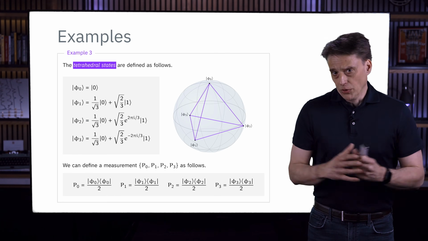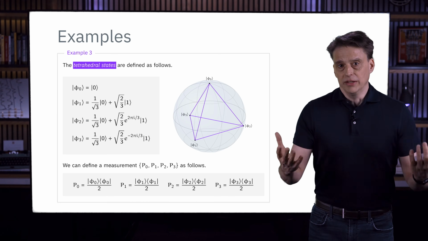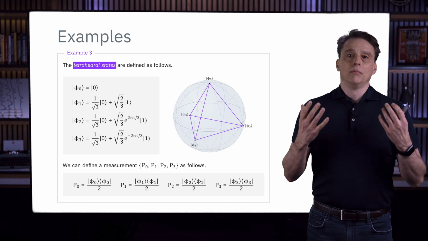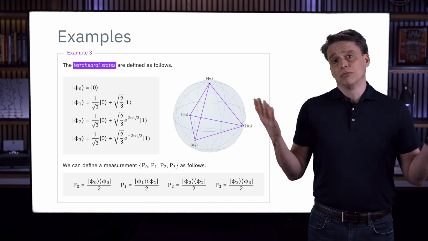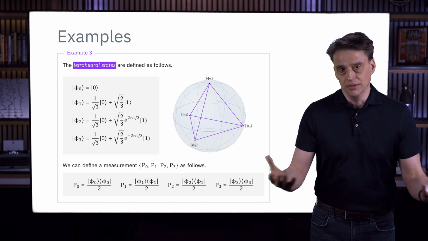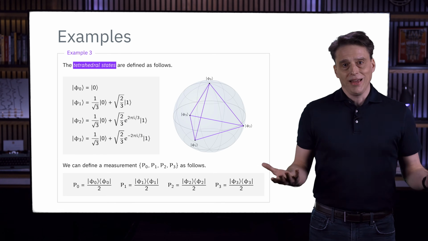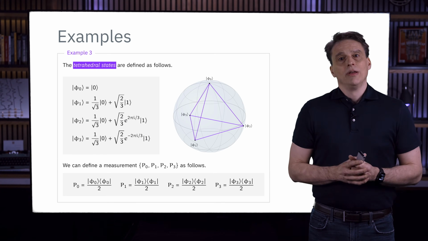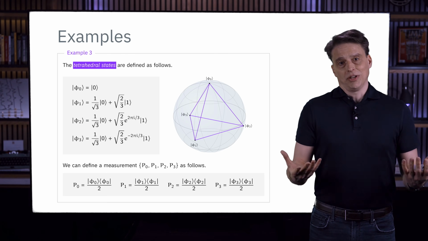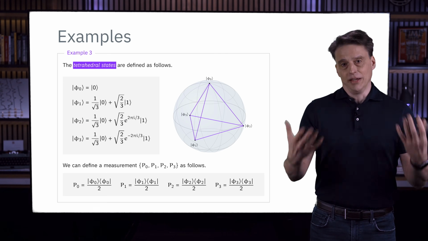If we average these four states together, we get the completely mixed state, which is at the center of the Bloch sphere. But because we're dividing each one by 2 rather than 4, we get twice the completely mixed state, which is the identity. I won't say anything more about this measurement for now, except to observe that it isn't a projective measurement, but it is a nice example, and we'll see it come up again later in the lesson.